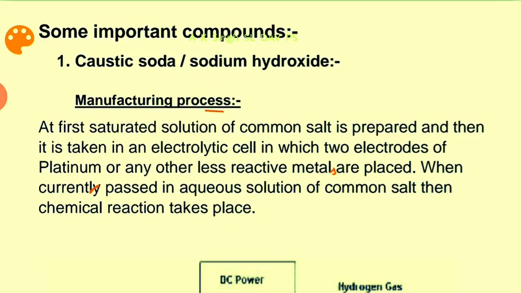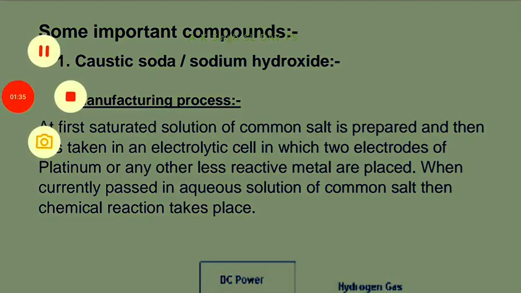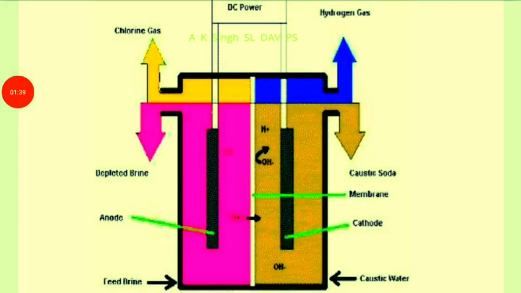See the figure clearly. It clearly indicates that there are two electrodes. One is the anode, the other is the cathode.